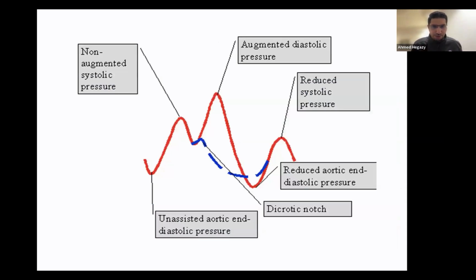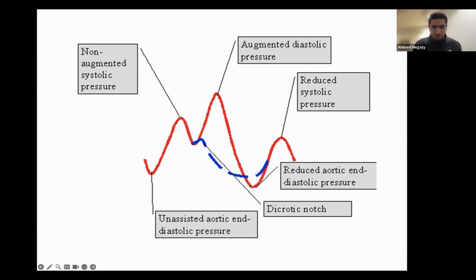So how do you know that a balloon pump is working? A balloon pump augments your diastolic pressure. So you'll see here that there is a peak due to the augmented diastolic, and that peak is higher than the native systolic pressure. And then it deflates, and that deflation creates an aortic end diastolic pressure that is very low, and that's how it reduces your afterload by that vacuum effect.